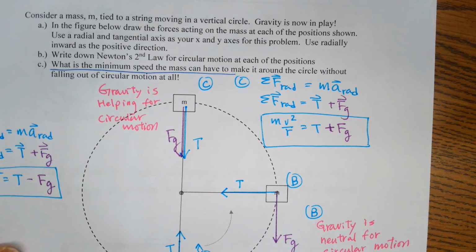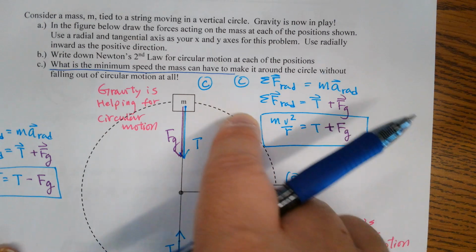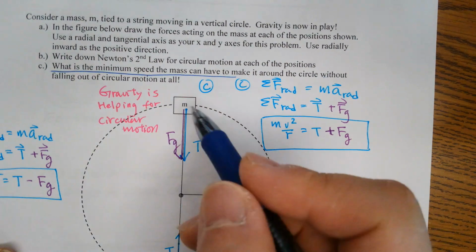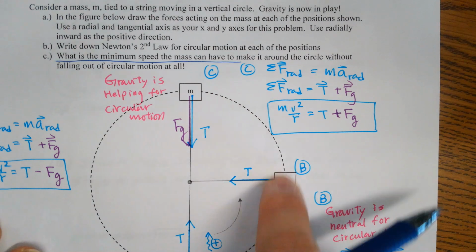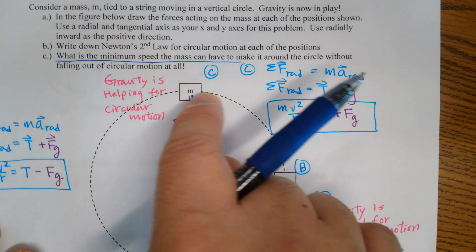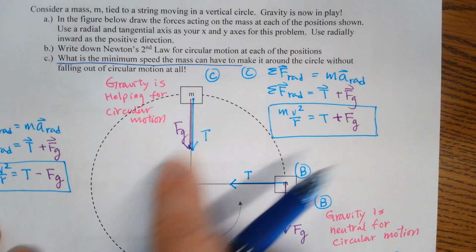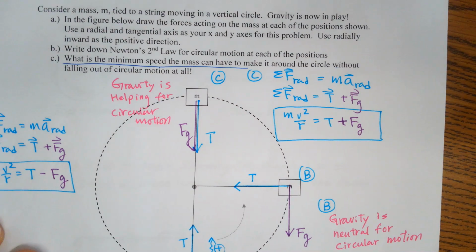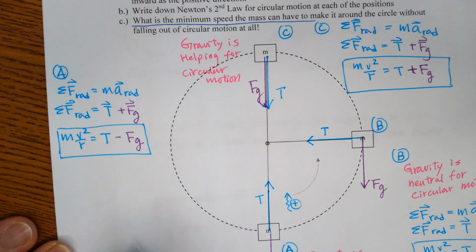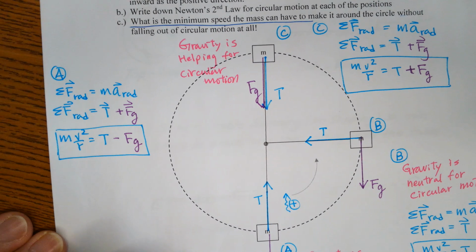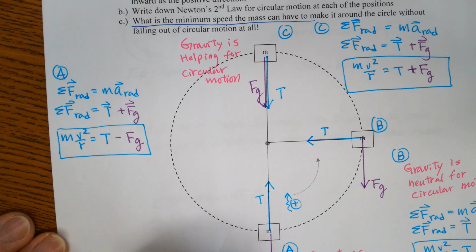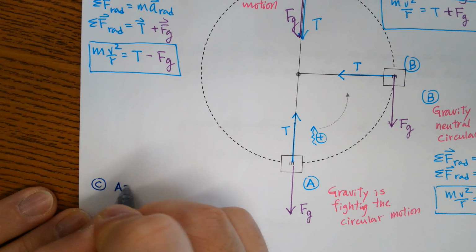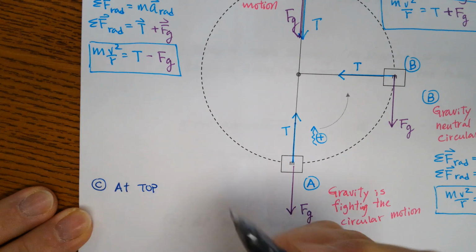But at minimum speed, when tension goes to 0, it will stay in the circular motion. That's what you want to figure out. If you go too slow, it's going to stay out of the circular path and come falling down this way. So at the top, for part C, no tension is required.